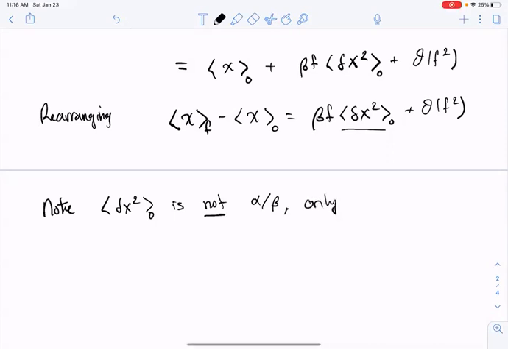In this case, a simple form for the variance would only be true if all of those nonlinear terms in the potential were 0.